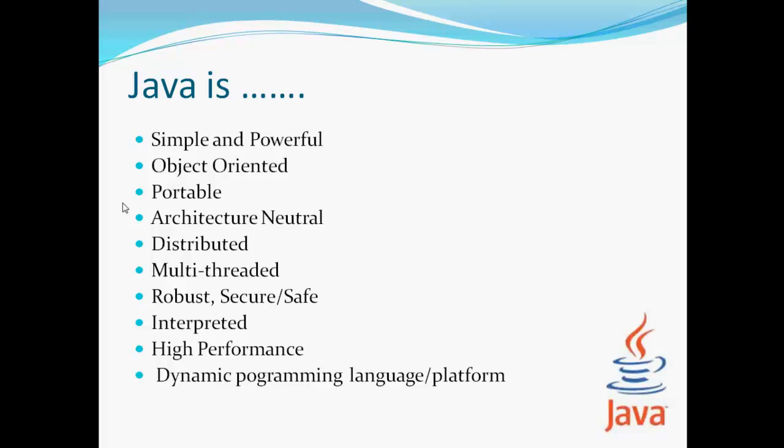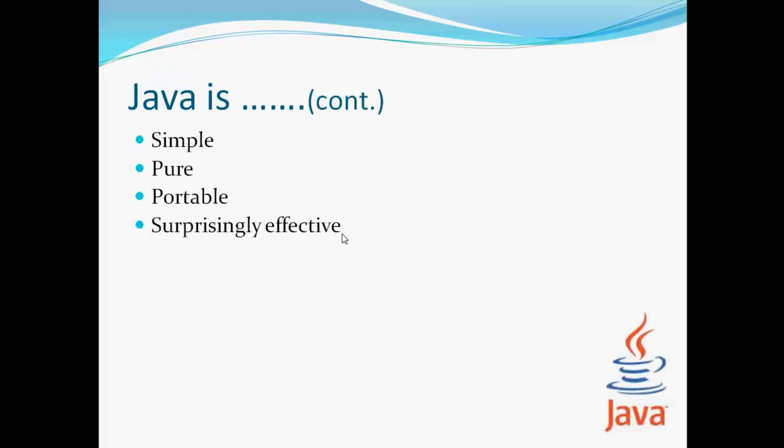That's why Java is now very famous, and it is object oriented and portable because of the JVM, the Java Virtual Machine. And architecture neutral, distributed, multi-threaded, robust, secure, or safe. It is a very safe programming language, and interpreted, showing high performance, and a dynamic programming language or dynamic programming platform.